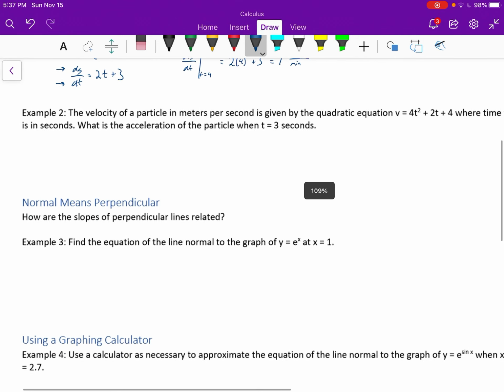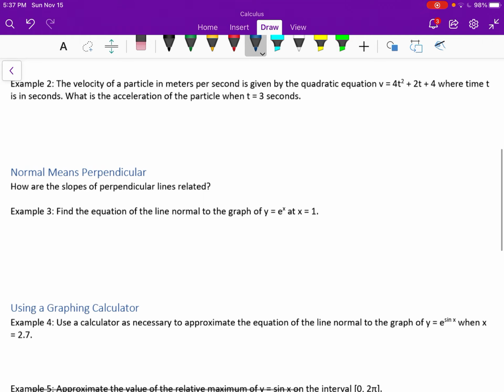The next part, still in the idea of physics: the velocity of a particle in meters per second is given by the quadratic equation v equals 4t squared plus 2t plus 4, where time is in seconds. What's the acceleration? Well, if you know anything about physics, you know acceleration is the rate of change of the velocity.